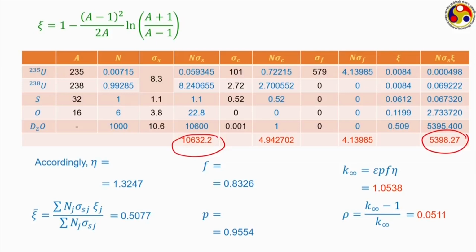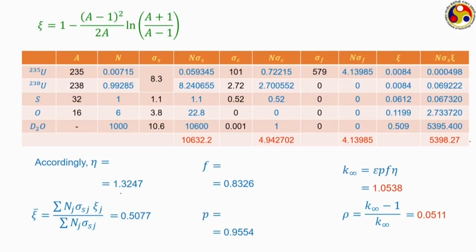So, this way we can calculate the values for the multiplication factor and reactivity for any kind of situation. I would request you to try different variations of this problem. This problem concerns natural uranium; you can try the same for enriched uranium. Let us say the fuel contains 5% uranium-235 and the rest uranium-238, and see how it varies.